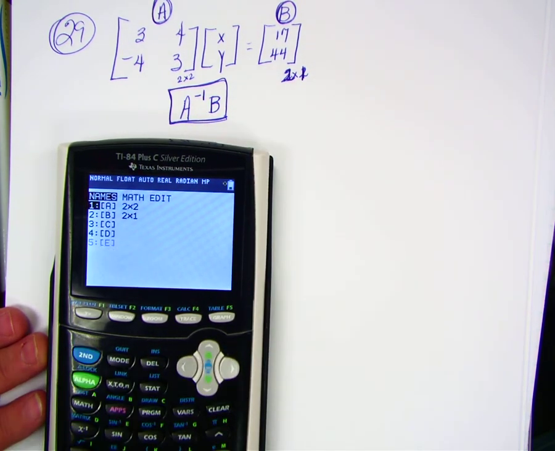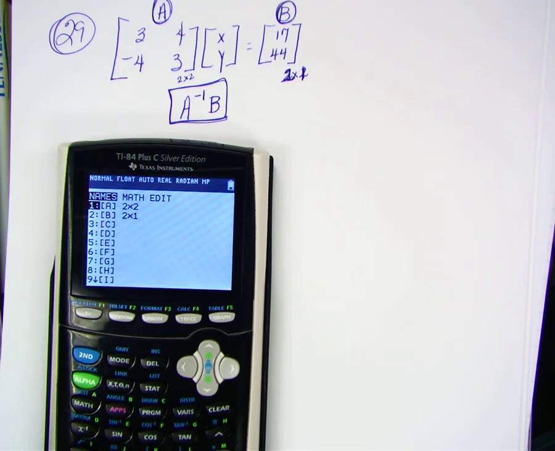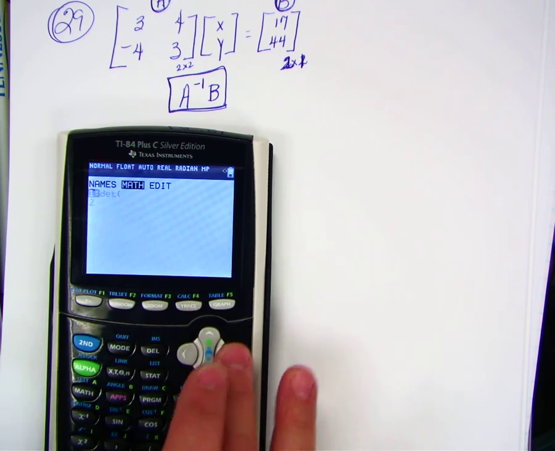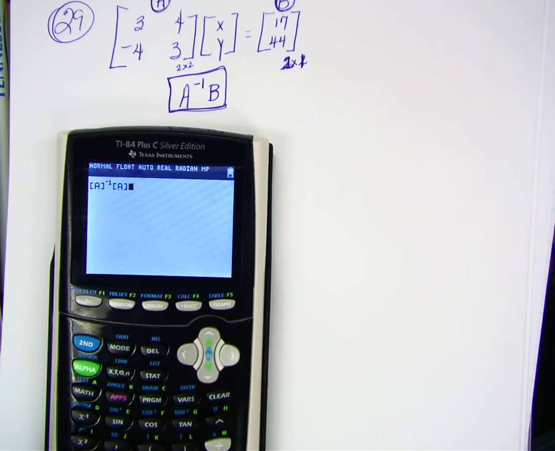So matrix, and remember the names menu is just where you pick. So we want A. How do I do the inverse? It's the x to the -1 power. Push that button. Okay, and then go back to matrix and choose matrix B. Oops.